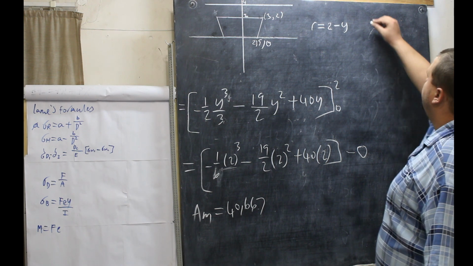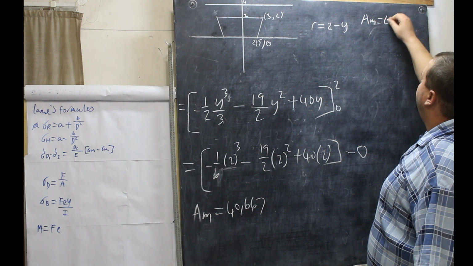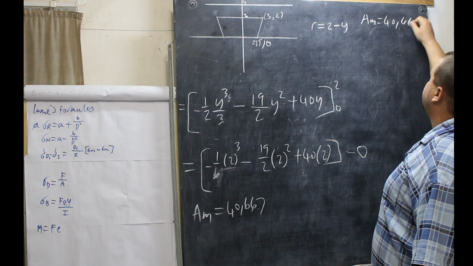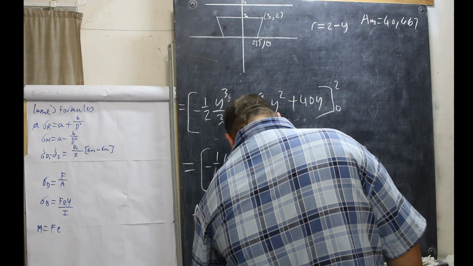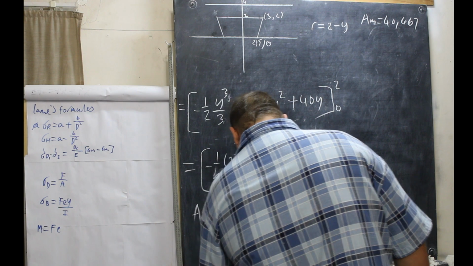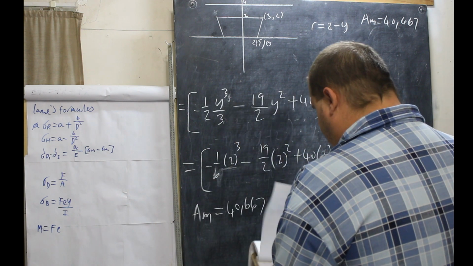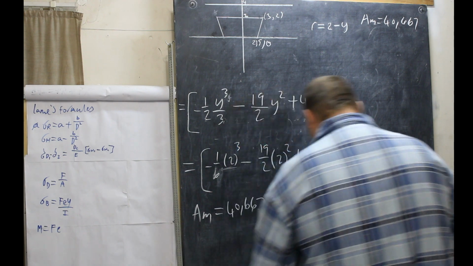So, area moment is equal to 40,667. Now, what we need to do is work out the second moment of area. The second moment of area looks like this.